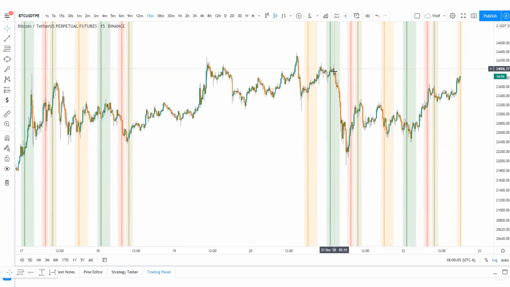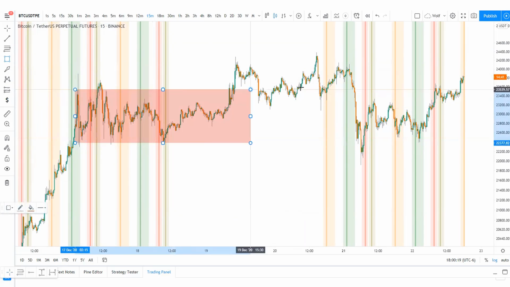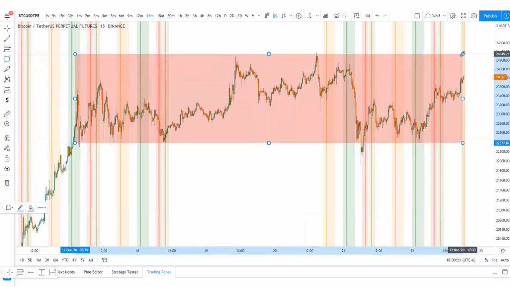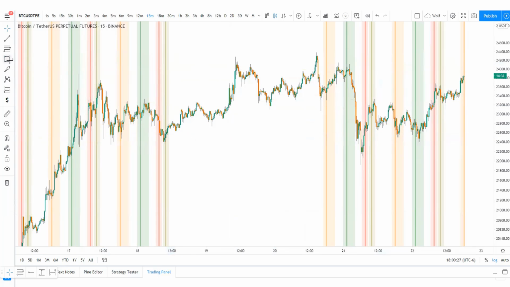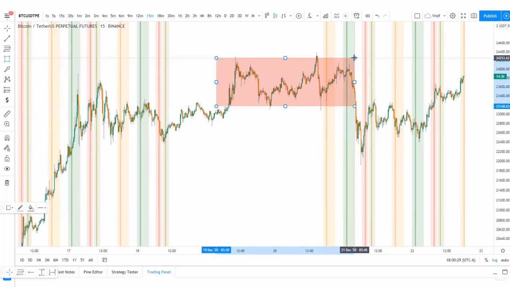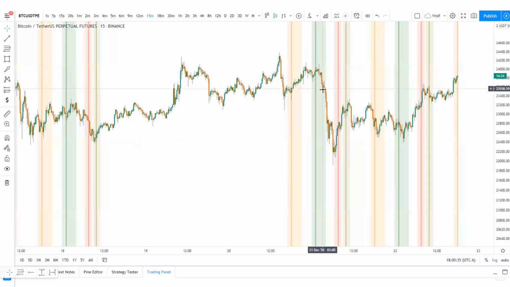Like this one here, it wanted to break out of the upper part of the range, and I don't consider this a breakout of the entire range. I would consider this whole thing a greater range, but you have sort of this range and then this range. In this case, it did travel across the range, but as you can see, it's a pretty good sized move.